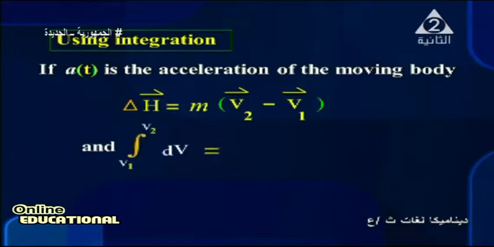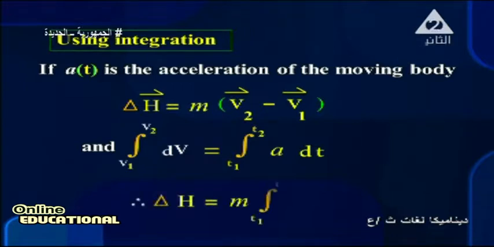And we know that the integration of dv from v1 to v2 equals the integration of a dt from t1 to t2. Then delta H equals m times the integration of a dt from t1 to t2.